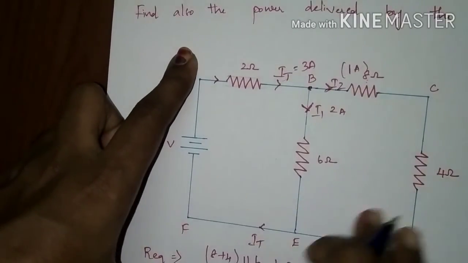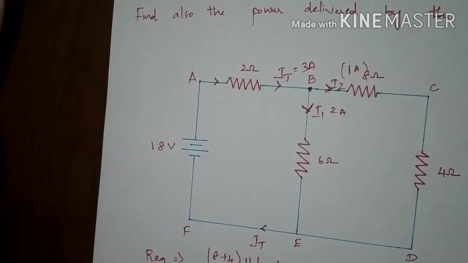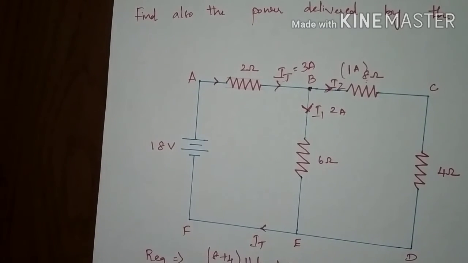So these are the branch currents which we can find separately, just by using KCL, and by using current division also we can find them.